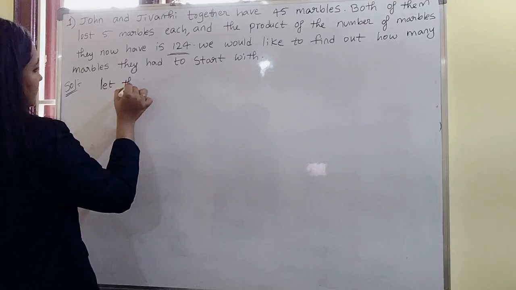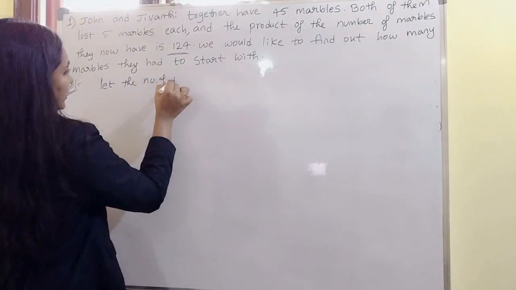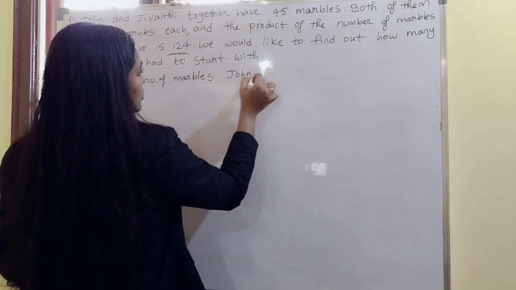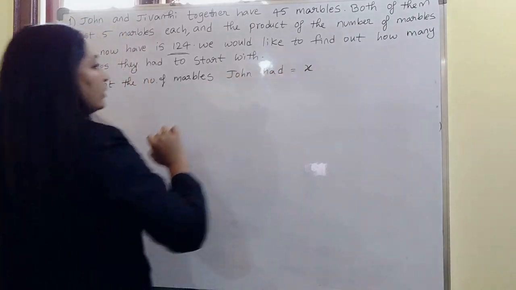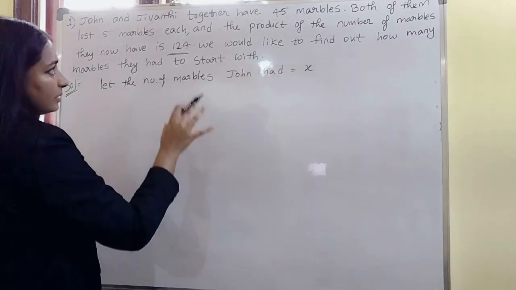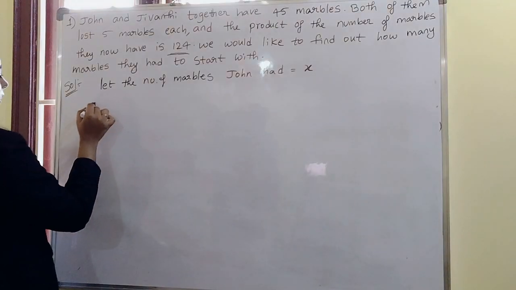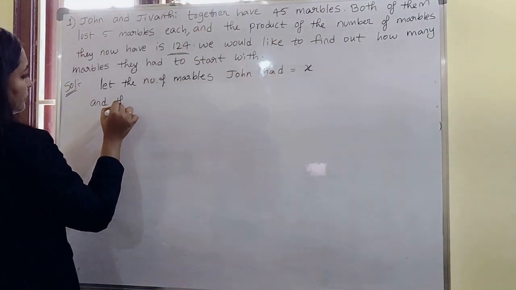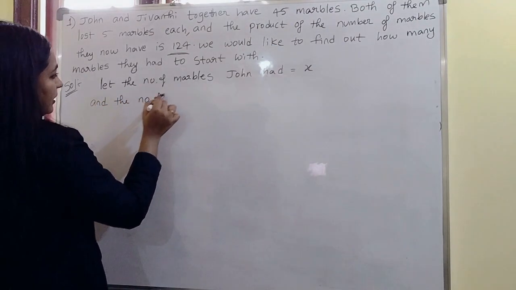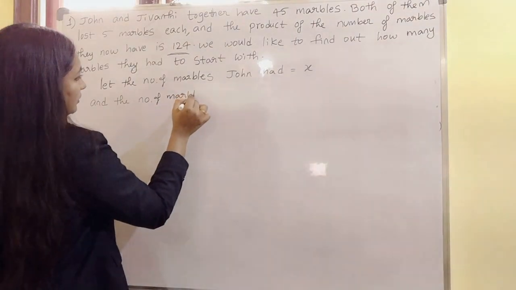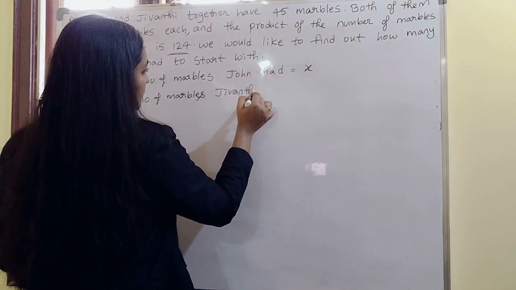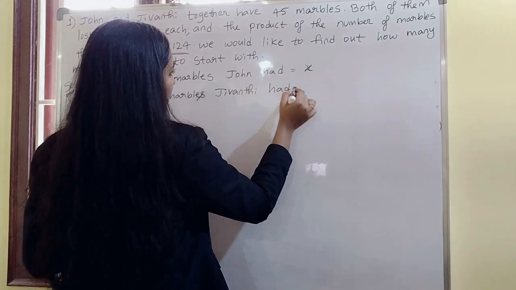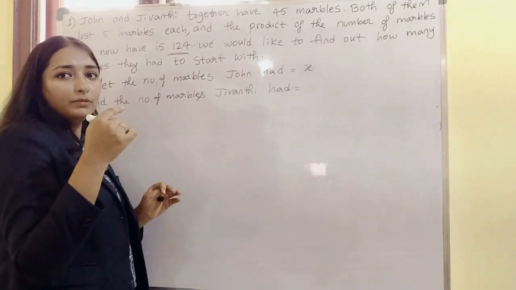Let the number of marbles John had be x. So John had x marbles initially, and the number of marbles Jivanti had, it will be the remaining marbles only, no?